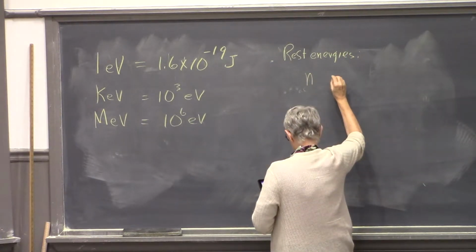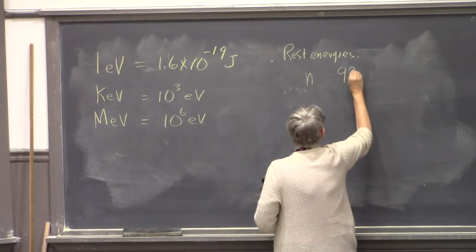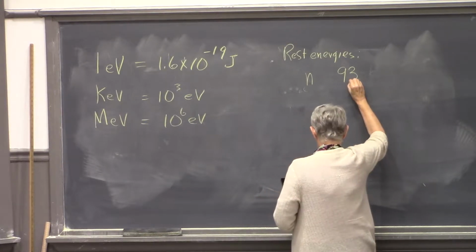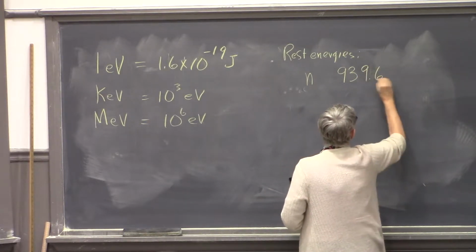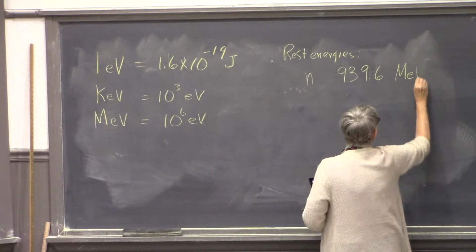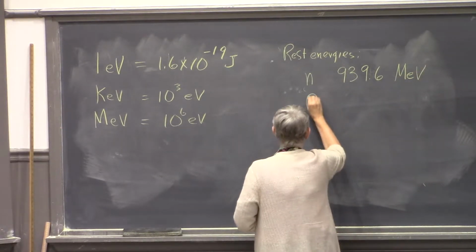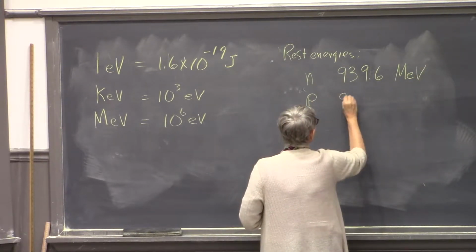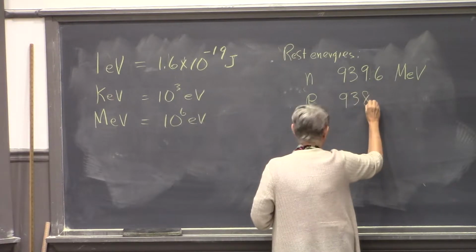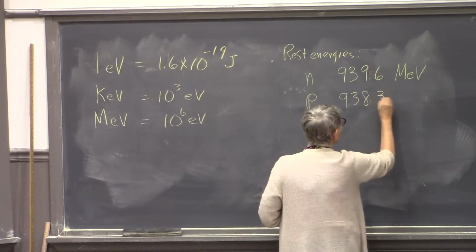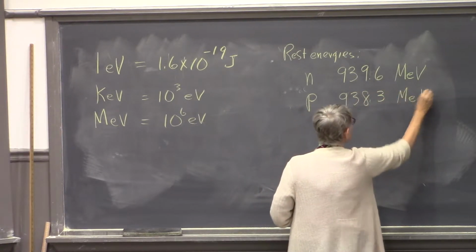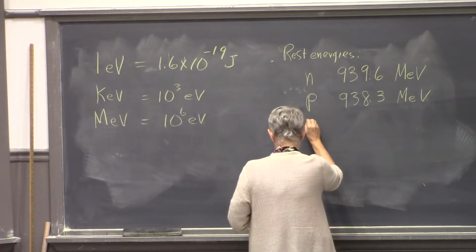The neutron is 939.6 million electron volts, the proton is 938.3 million electron volts.